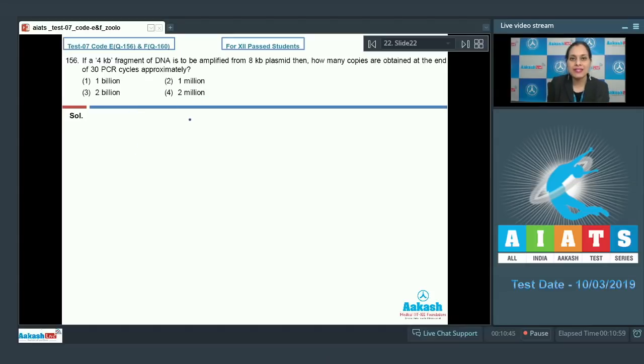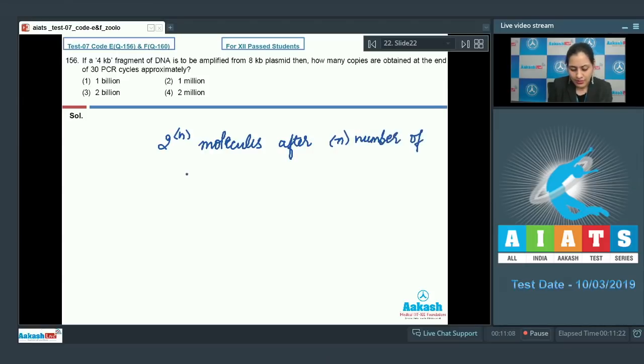And we know that in PCR it is possible to generate 2^n molecules after n number of cycles.